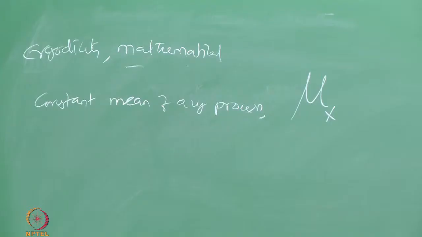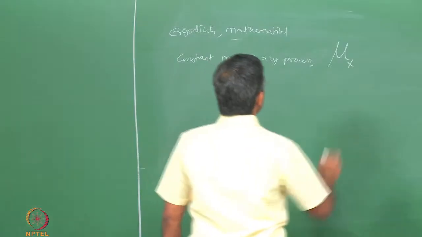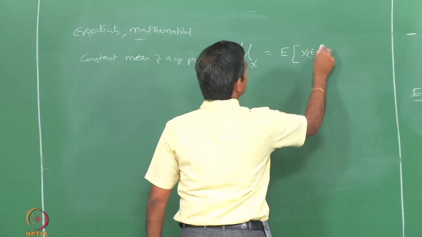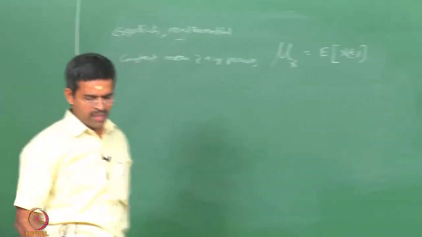So, what I am actually meaning, mu x, we know it is the expected value of the variable, that is the mean value by definition.